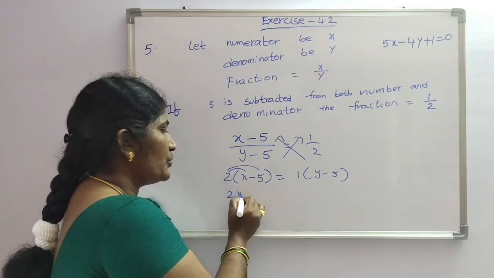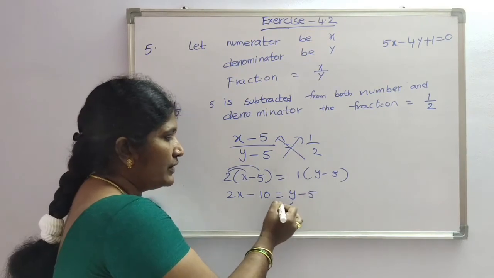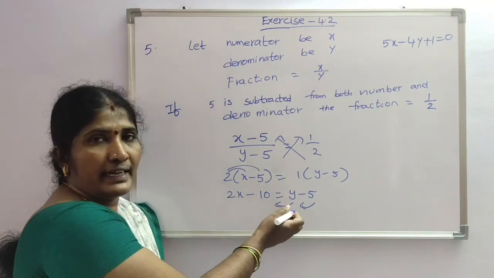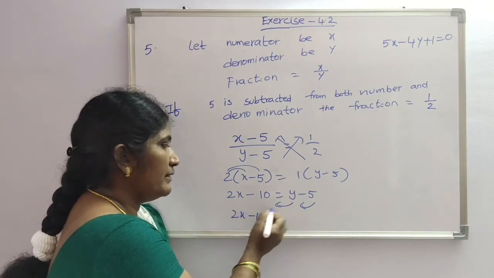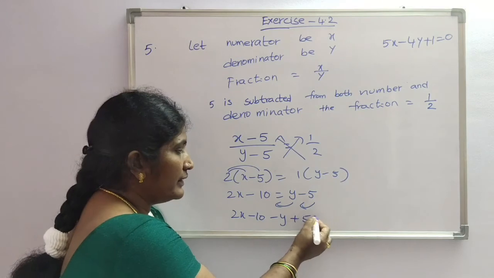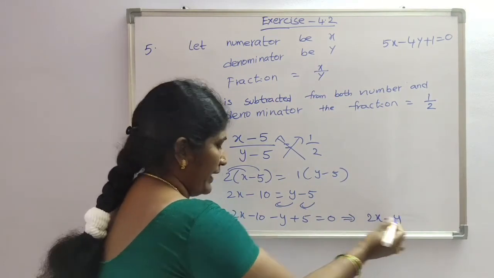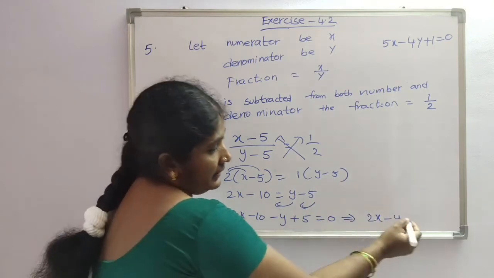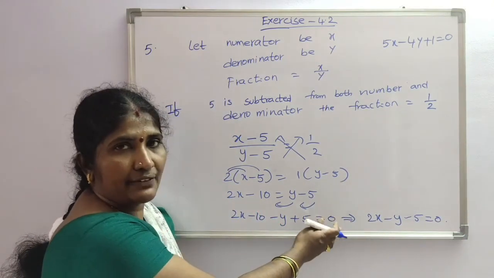Multiply with 2. 2x minus 2 5s 10 is equal to y minus 5. Now frame the equation. Get all terms to LHS. 2x minus 10 minus y plus 5 is equal to 0. That is 2x minus y minus 10 plus 5 is minus 5 is equal to 0. Now we got a second equation.